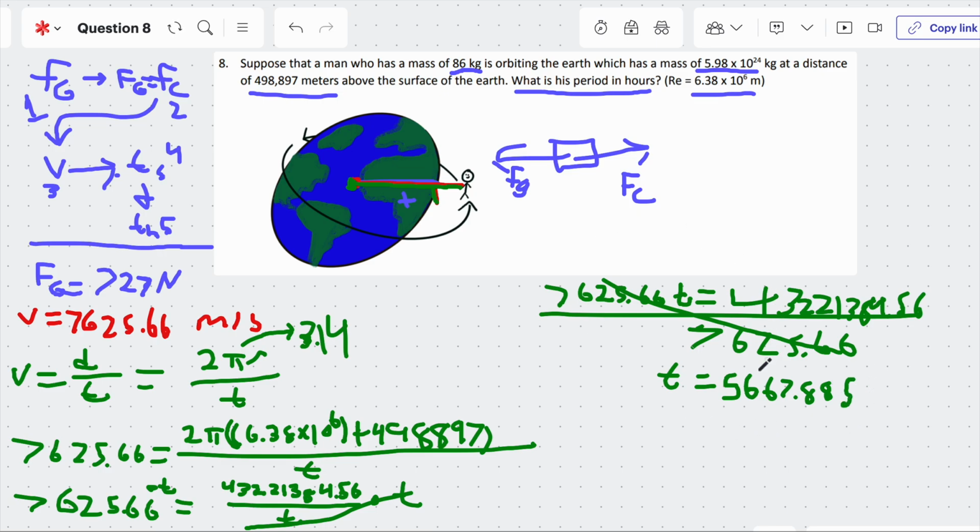The problem here is that it's asking for his period in hours. We have it in seconds right now. So to convert to hours, we have our seconds. We know that there is 60 seconds in a minute, so we're going to divide by 60. And then we know that there's 60 minutes in an hour, so we're going to divide by 60 again.